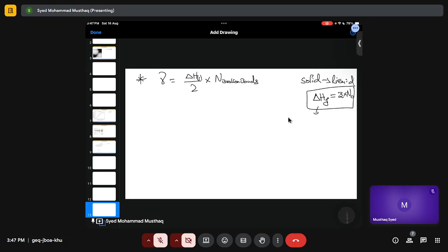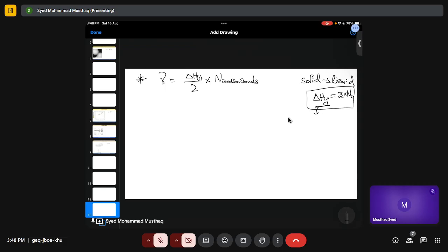So per mole, the energy required to completely convert solid to liquid per mole. Okay, so per mole of ice, if you try to completely convert the solid to liquid, then this is the amount of energy you should give, so that the entire solid can be converted into liquid, or the heat energy you should supply.